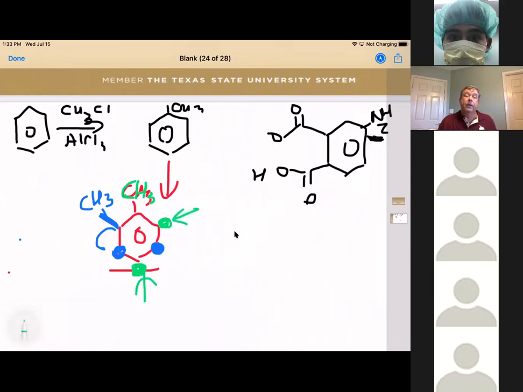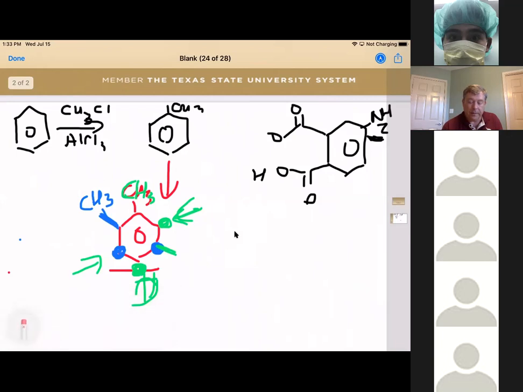Yes, sir. Okay. So what it means is that each of these sites is equally activated, but these two sites are slightly more sterically hindered. So if we nitrate, it's going to nitrate at one of those two positions. And because of symmetry, those are equal positions and they are going to be meta to at least one of those groups.